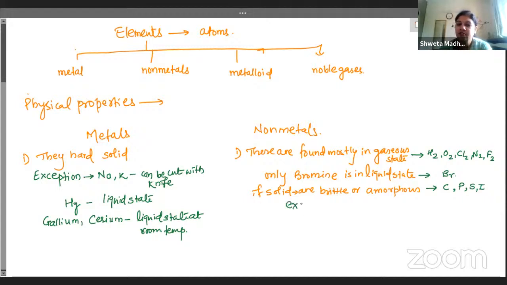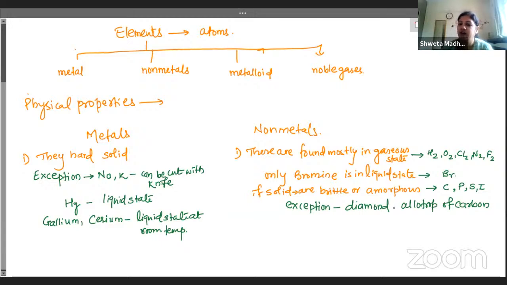And an exception for this is diamond, an allotrope of carbon. So that means diamond is an allotrope of carbon. Carbon is found in nature in many different forms. Out of that, one is diamond. Inside diamond, we can see only carbon.